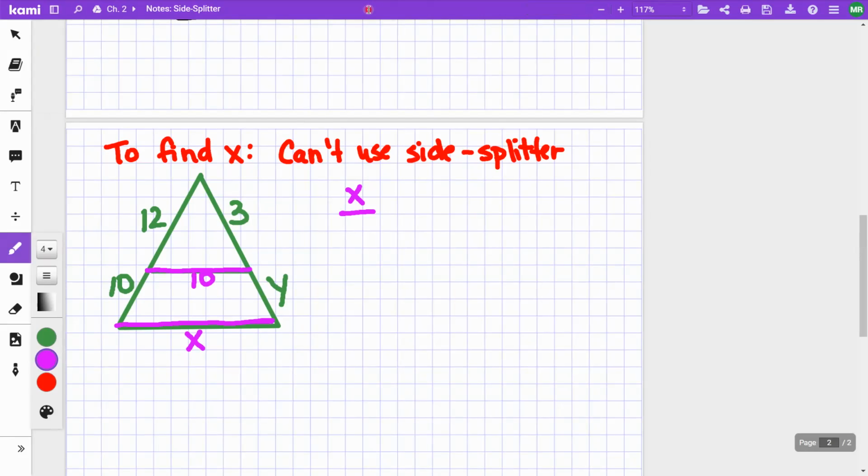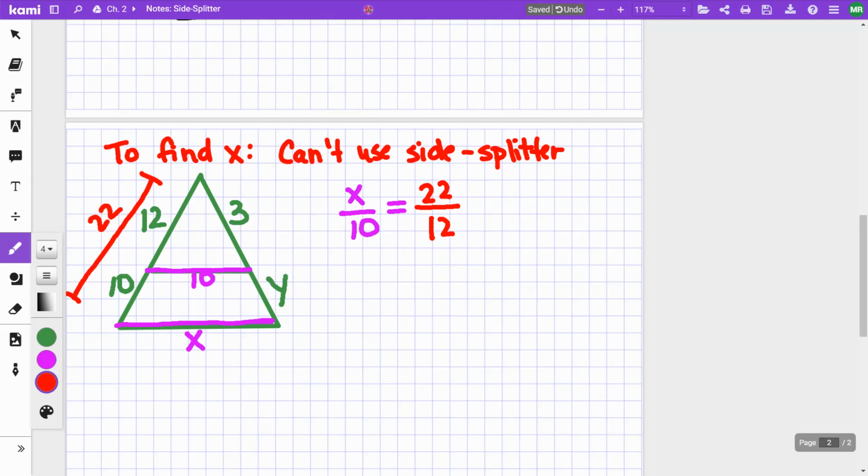So I can go X is to 10 as, and when I do this, I have to do the whole entire side here, which is 22. Since X is in the bigger triangle, it has to be matched with 22. And then that's going to be over 12.